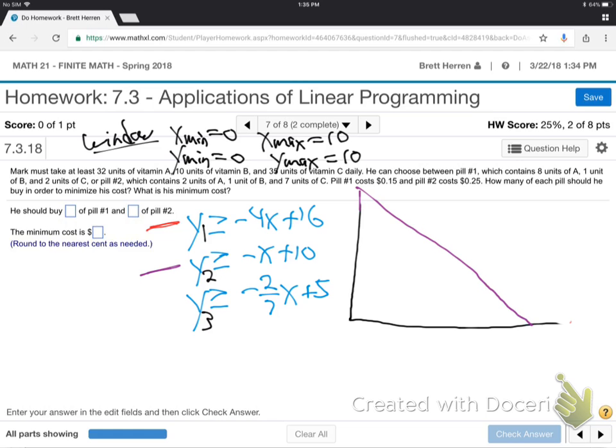And then the red one, higher up, coming down like this. The blue one is lower, coming below those and going like that. Okay, so there's what I got on my graph.